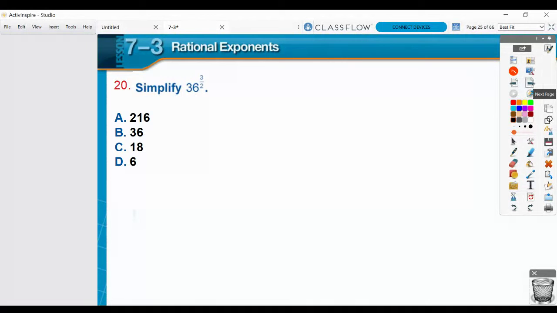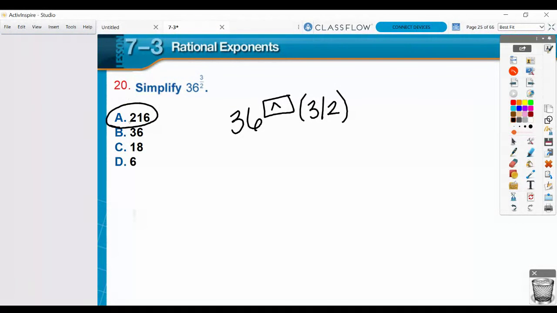Okay, so the next one, 36 to the 3/2 power. 36 caret 3/2. And you should get 216.